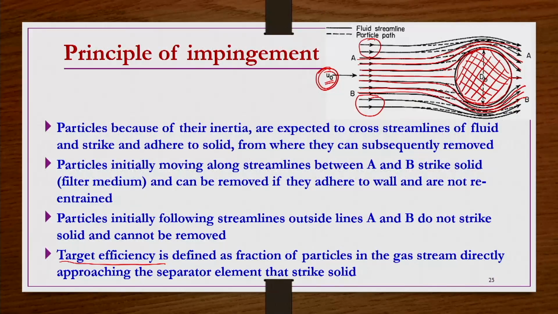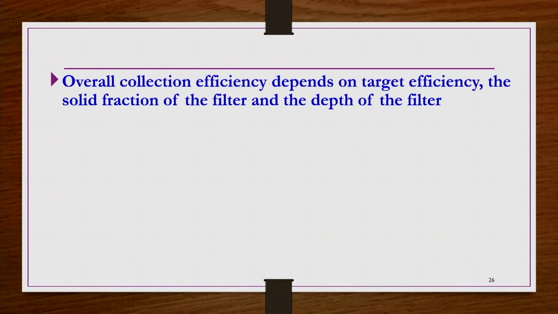So, that is the basic way to define the target efficiency for this kind of filter medium. What is the target efficiency? It is the fraction of particles in the gas stream directly approaching the separator element that strike and adhere to the solid surface or filter medium, which can be removed subsequently.